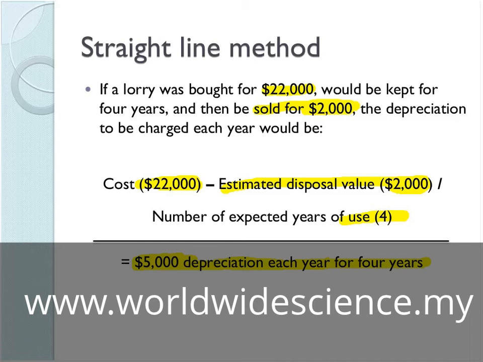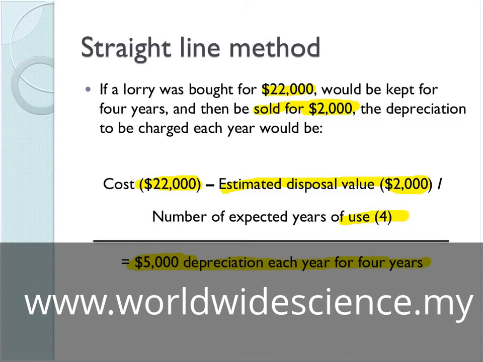And next year will be 22,000 minus not 5,000. In year 2 it would be 22,000 minus 10,000, because it is year number 2. We are taking the depreciation for 2 years, and it will be increased for 2 years. If it is increased 2 times the depreciation, it will be 10,000.